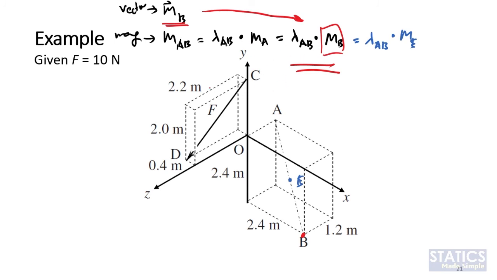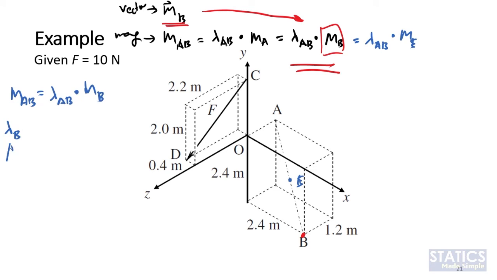So coming back to our previous example, so let's say if we want to use MB, so moment about axis AB is equals to lambda AB dot MB. So lambda AB is a unit vector. Remember, this is not position vector.